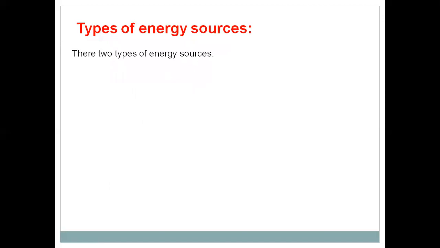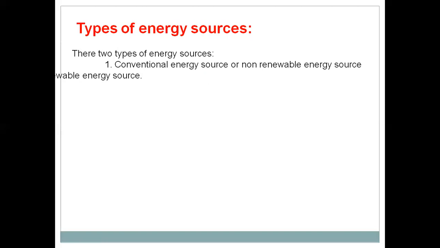Of course, we also have different types of energy sources, depending on their character and their properties. These energy sources are classified into two types. One is conventional energy sources or non-renewable energy sources, and the second one is non-conventional energy resources or renewable energy resources.